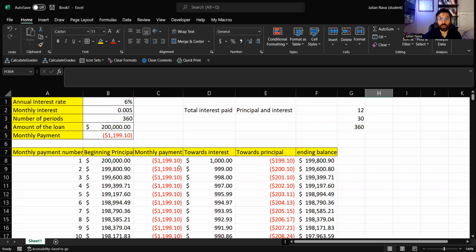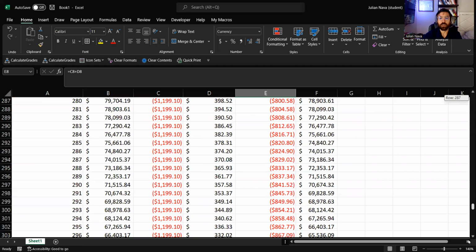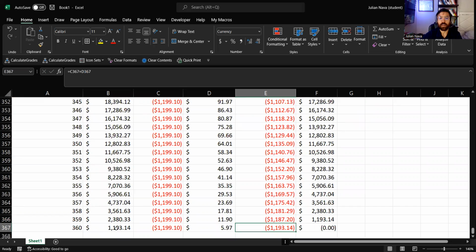As the life of the loan exists, the amount towards interest decreases. If you look at the first month, look at how much is towards interest, look at how much is towards principal. Now, if we go towards the end of the loan, look at how much at the 360th month is going towards the principal, and look at how much you're paying in interest. Only $5.97 as compared to $1,000.